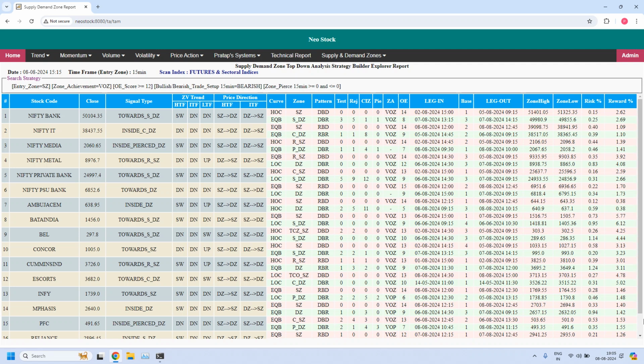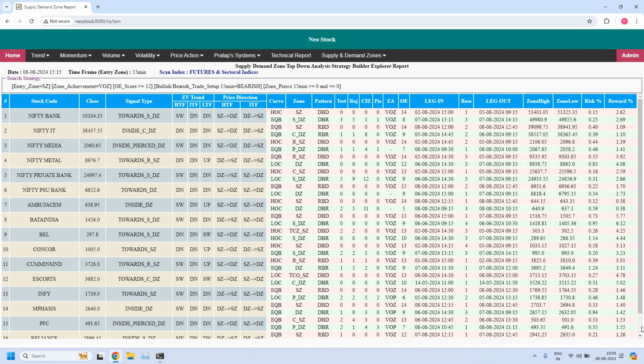With all the 3 filters, I am filtering the stocks. So currently a good number of stocks are supporting bearish trade setup for daily income trade. The reason is the current market is moving down. So all the bearish trade setup stocks are enabled for daily income trade, that is short-term income trading.